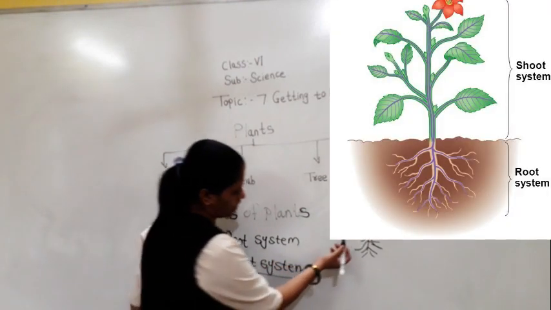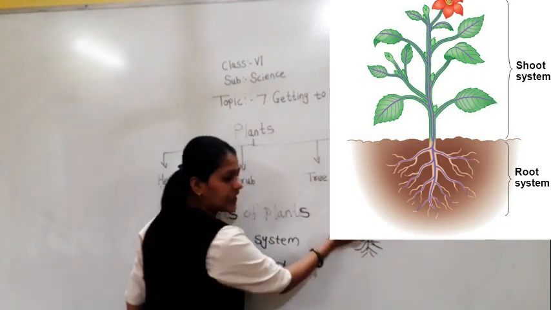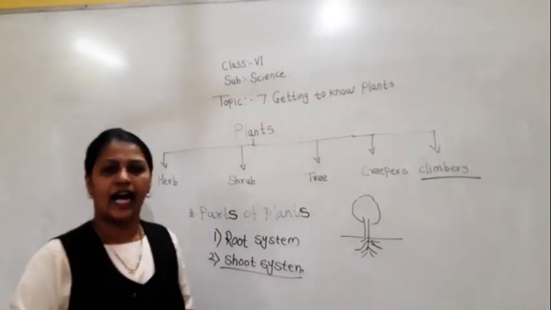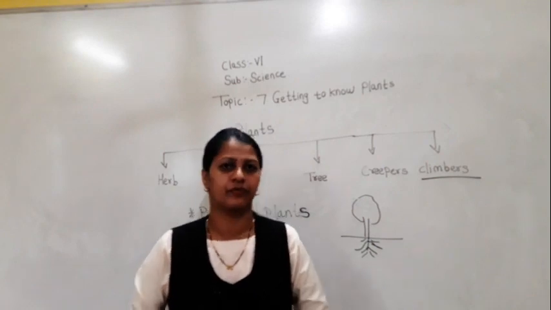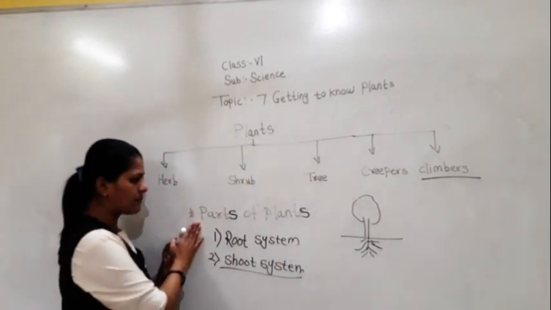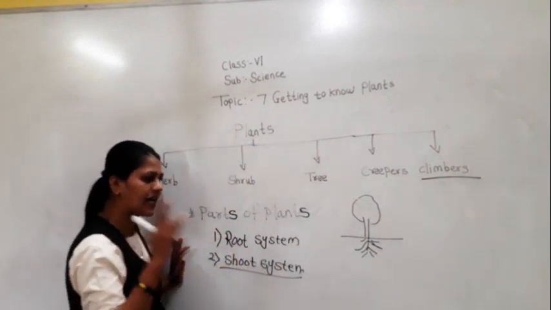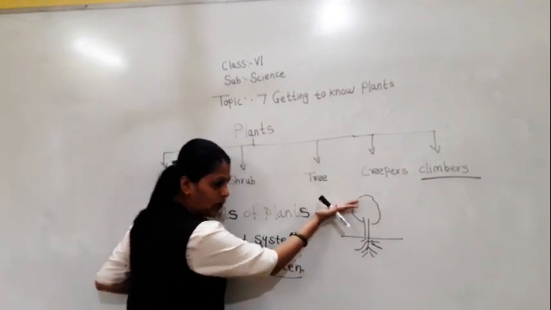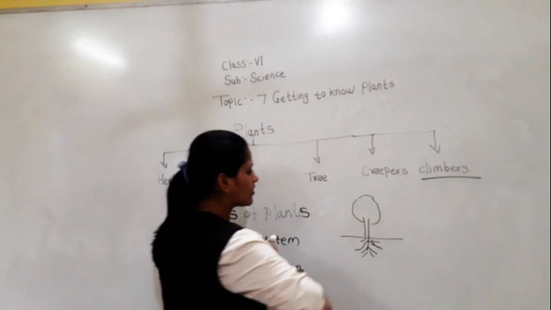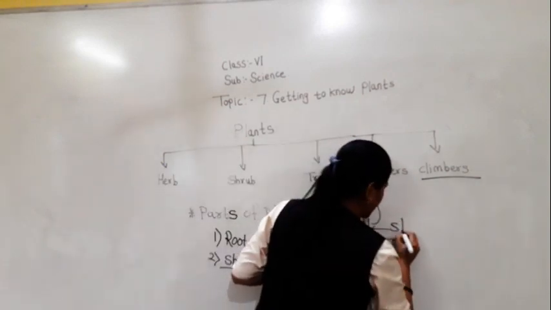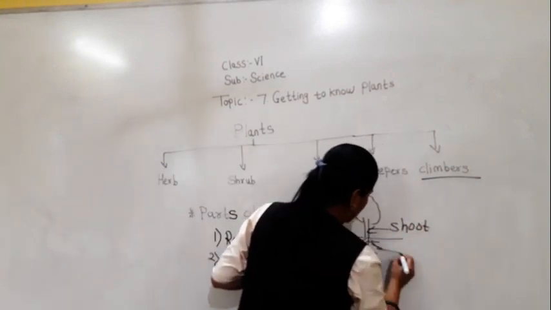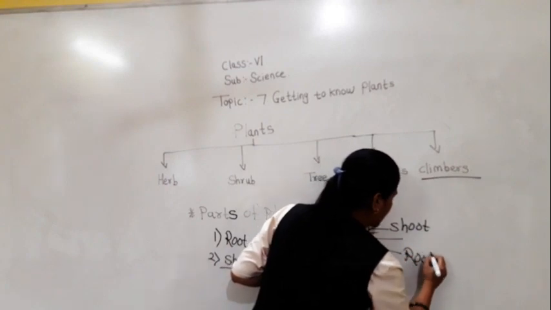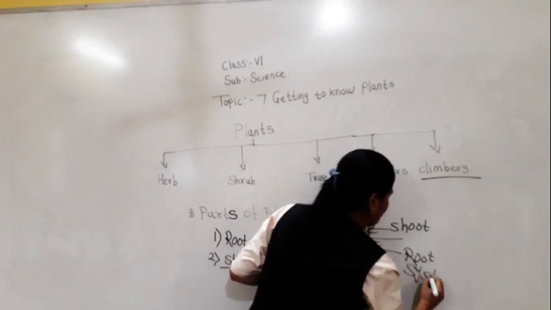And the part which grows under the ground is called the root system. So the plant is mainly divided into two parts. The part which is above the ground is called the shoot system, while this part is called the root system.